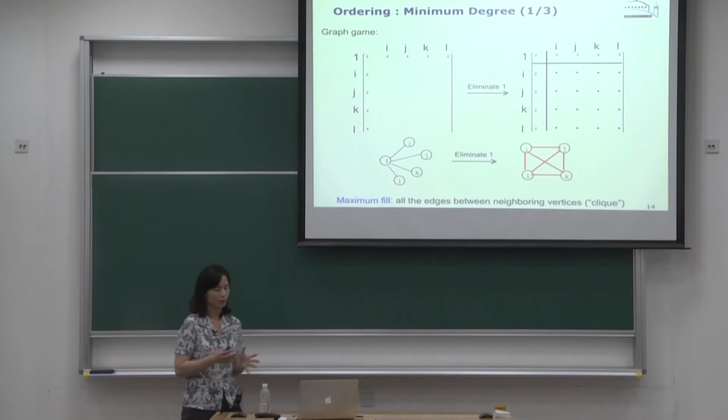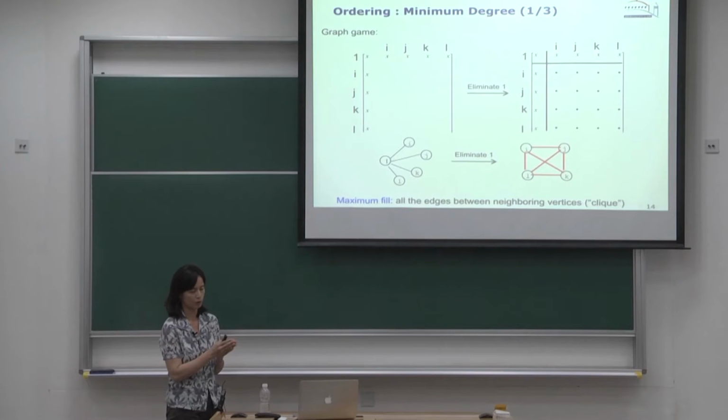And then you can imagine that you are given a bigger graph of the original matrix A, and at every step the game is just to pick a vertex, remove that vertex, make its neighbors become a clique, and then at the next step pick another vertex to eliminate. Continue doing this until all the vertices are gone.